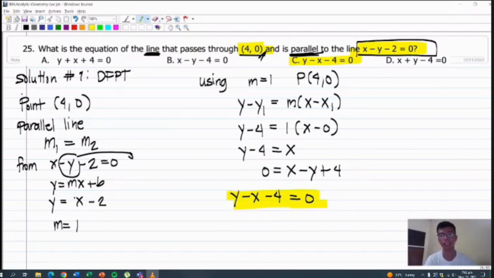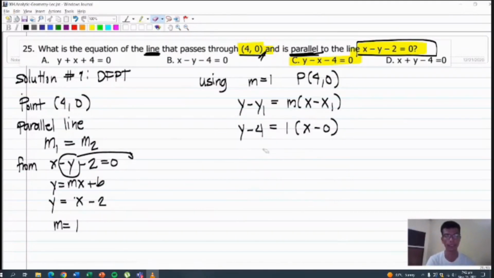Mali pala. Sorry. Mali yung na-substitute natin na point na x sub 1 and y sub 1. Hindi tayo careful dito. Napakahalaga din pagiging careful kapag nagsosolve, kasi dito may lumabas tayong answer which is not correct answer. Nagbaliktad. Dapat ang x natin is yung 4 and yung y is 0.